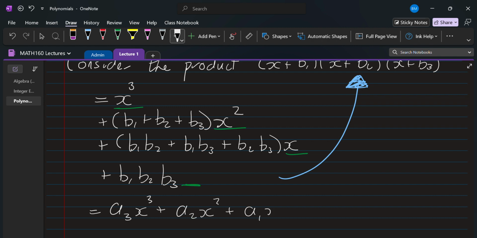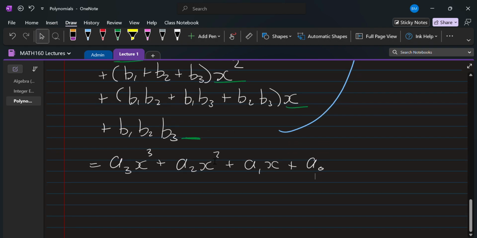Then we're going to have a plus b1 b2 plus b1 b3 plus b2 b3 x, plus b1 times b2 times b3. So we've just grouped everything together so we can see the powers of x. So we've got x cubed, x squared, x, and x to the 0.